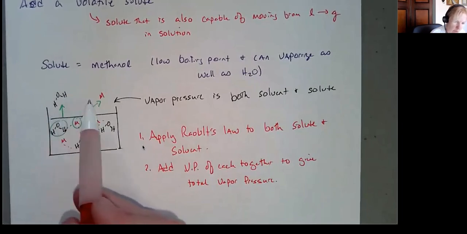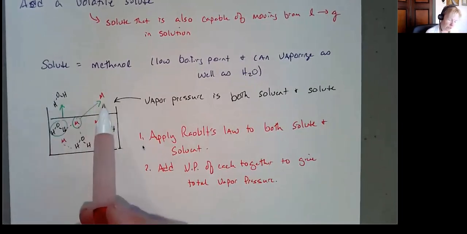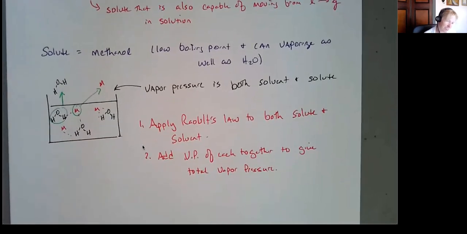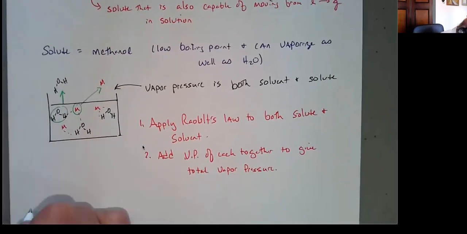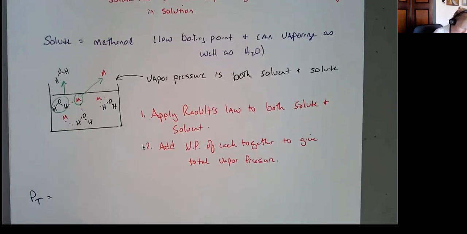Then I'm going to add both of those vapor pressures together, and that should give me the total pressure here. Because remember, Dalton's law of partial pressure: the total pressure of a system is equal to the sum of the pressures of the internal components of that system. So in this case, it would be the partial pressure of water plus the partial pressure of methanol.